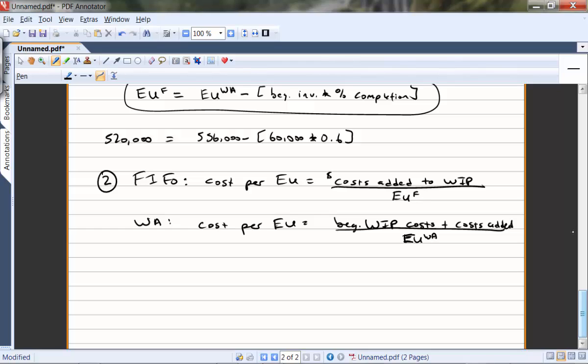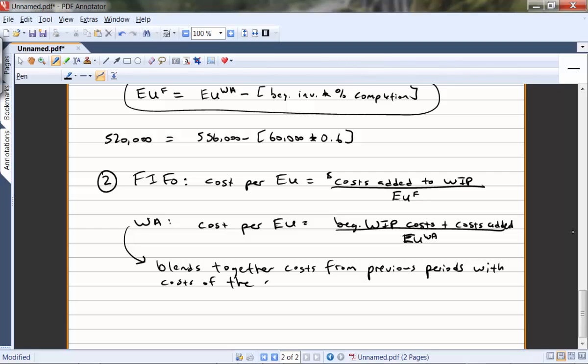And you can quickly see, just based on this, that weighted average blends together costs from previous period with costs of the current period and estimating current period costs.